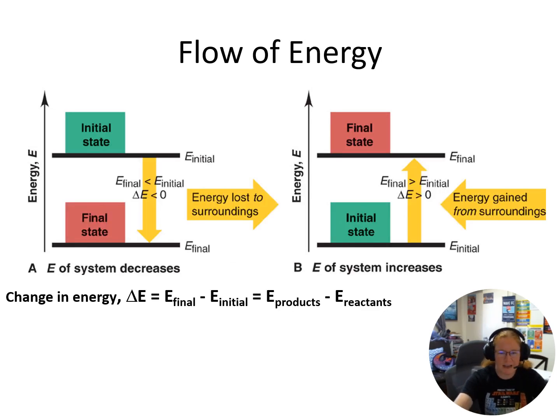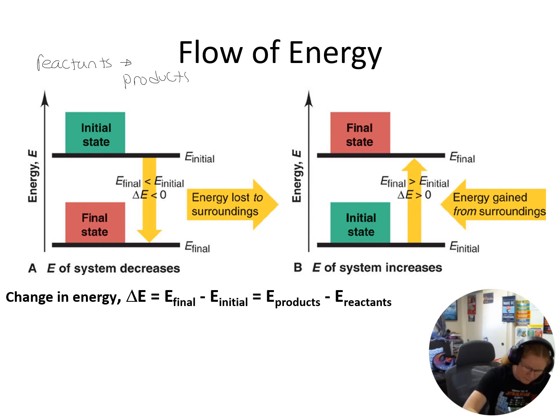All right, so when we look at the flow of energy, we know that for the change in something, we typically look at the final minus the initial. So when I have a reaction, okay, my reaction goes reactants to products. All right, and so my products are my final state, and my reactants are my initial state.